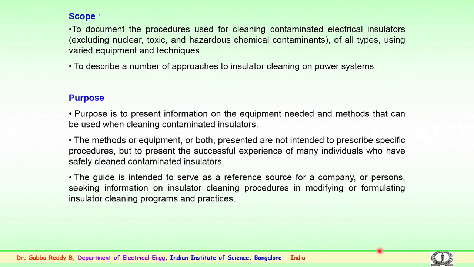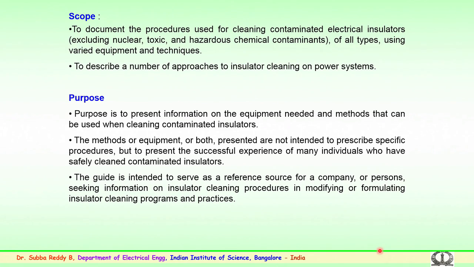This standard 957 clearly prescribes the procedures basically used for the cleaning of contaminated electrical insulators, for all types: ceramic, porcelain, glass, and also the recent polymer insulators, and for the equipment being used, that is, the bushings, the hollow post insulators and so on.